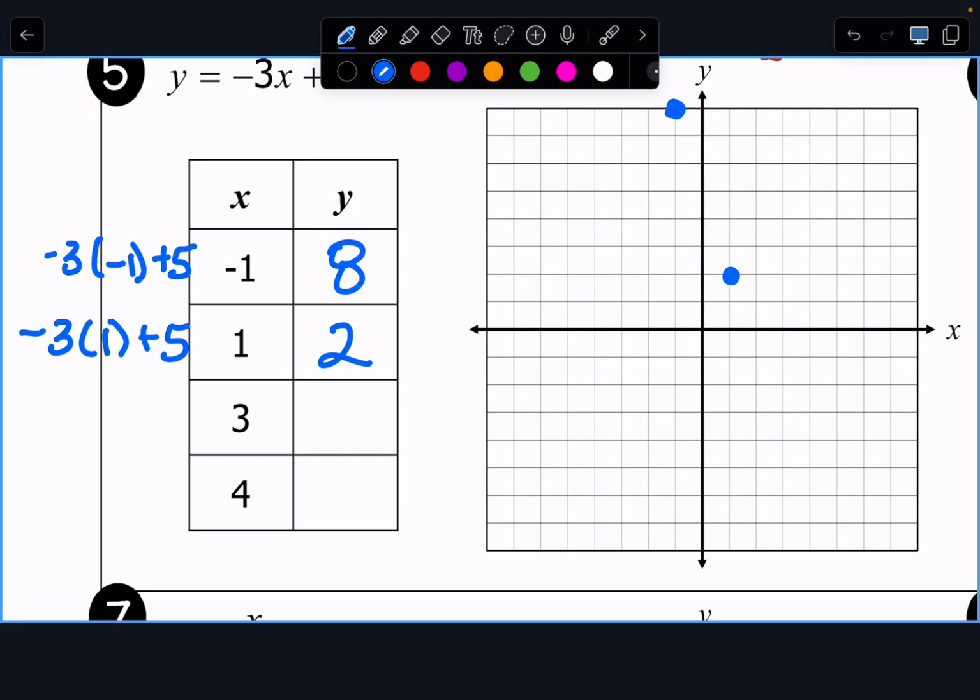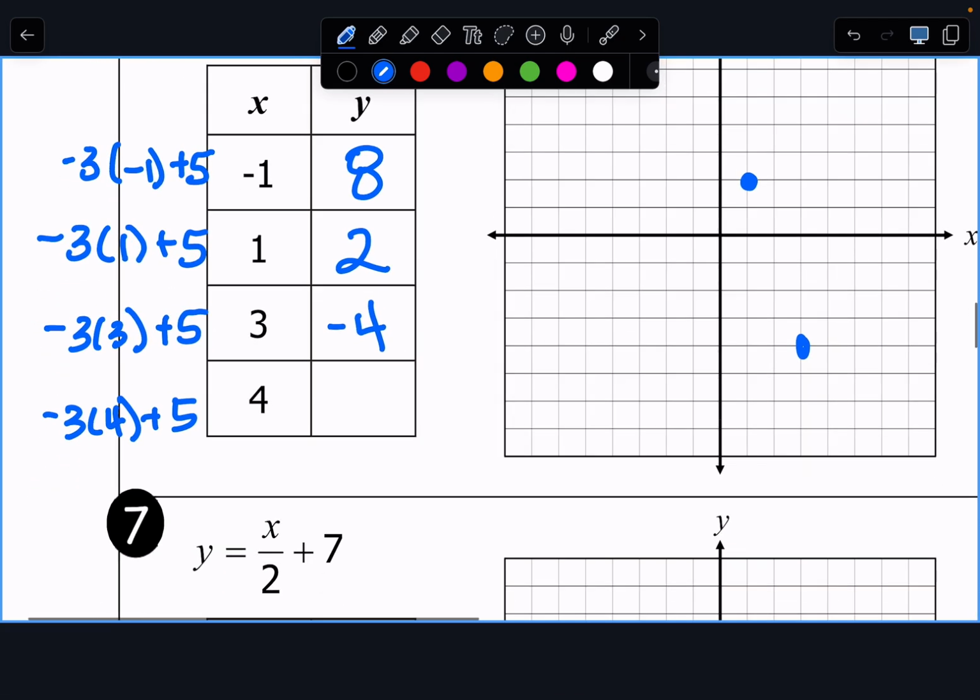Okay. What happens when we take negative 3 times 3 plus 5? What's negative 3 times 3? Negative 9 plus 5 is negative 4. What about negative 3 times 4 plus 5?